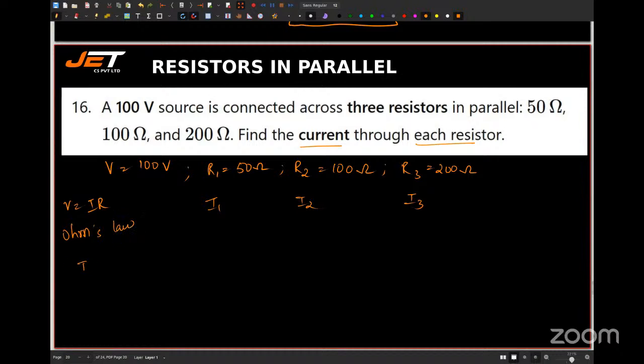So what will be I? I is equal to V by R. So I1 will be equal to V by R1. Similarly, I2 will be equal to V by R2, and I3 will be equal to V by R3. So tell me what are the I1, I2, and I3 values.